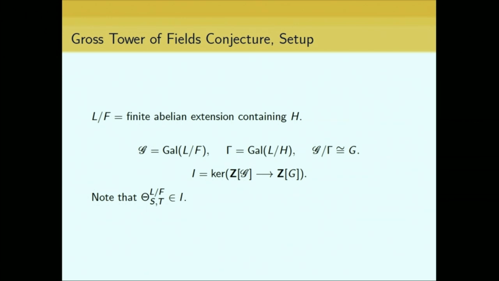It's 1 minus chi of P. So that means that the projection of this under every character is 0, which means that it's 0. So that means that theta mod I is 0. So that means that theta lives in I. So this theta S lives in I.